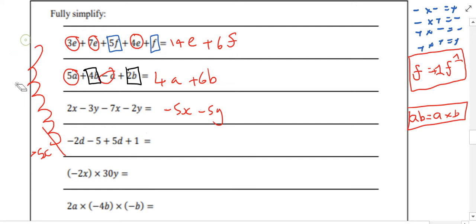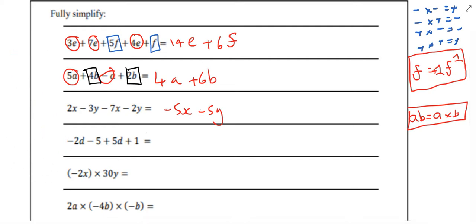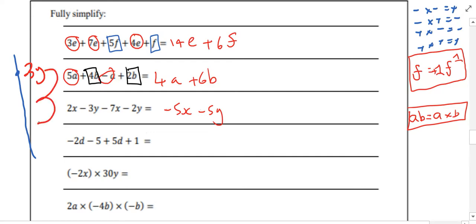The same is true for the y's. Let's get a thicker, neater number line. Okay, that's the best straight line I can draw. So we are starting at negative 3y, and we need to go down 2 y's. 1y, 2 y's.